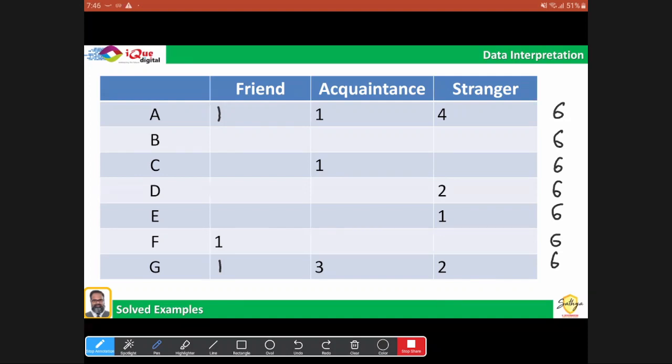So for A, I am going to put in that B and C are strangers. For B, I am going to put that A and C are strangers. And for C, I am going to put that A and B are strangers. With me so far?